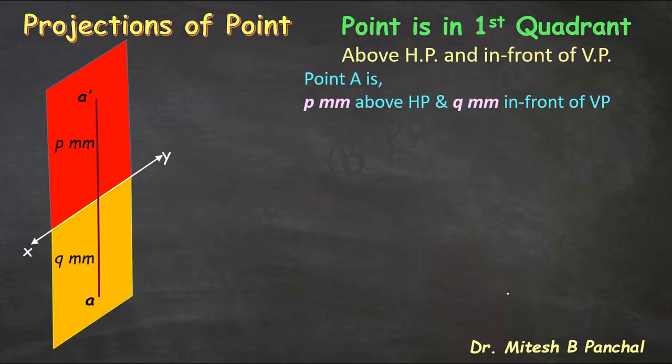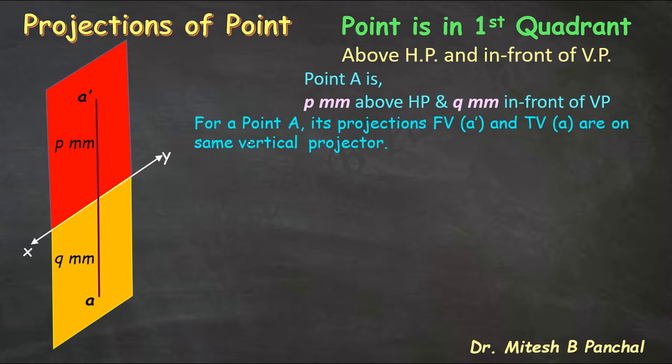We know that HP is rotated 90 degrees in the clockwise direction and VP remains as it is, so we can obtain both projections a dash and a in the same plane. For a point, its front view a dash and top view a are on the same vertical projector, which is perpendicular to XY.